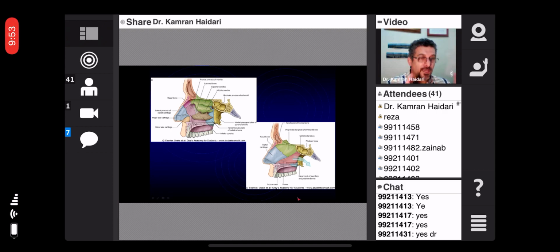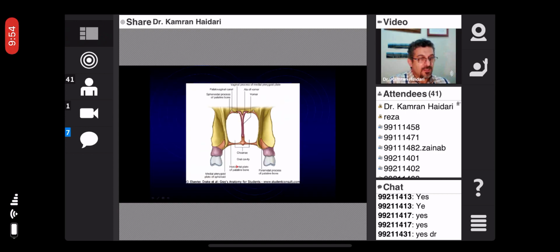And you should consider the septal cartilage. Septal cartilage contributes to form the medial wall and contributes to form the lateral wall as well. This is the lateral process of the septal cartilage, and this is the median partition.